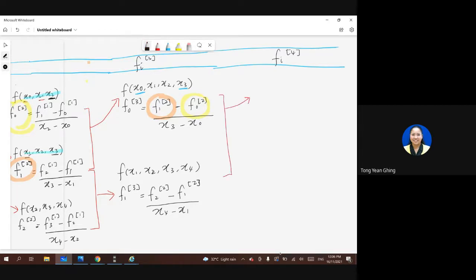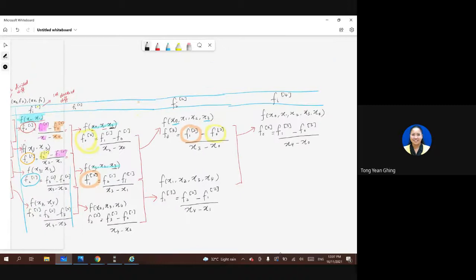So kalau these two, that means we have to consider start from x0, x1, x2, x3, and x4. Okay. So kita punya f0 4th is equal to f1 3 minus f0 3 divide by x4 minus x0. So sampai sini. So kita akan dapatlah macam ni.